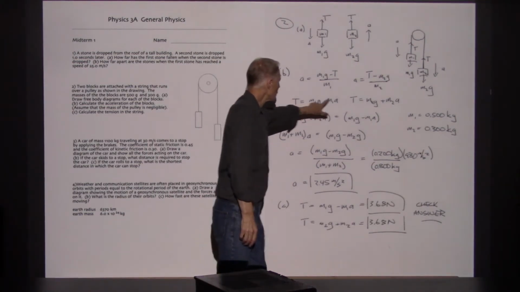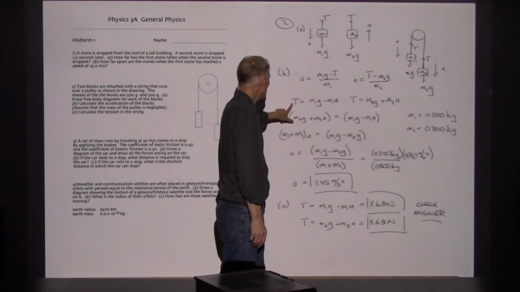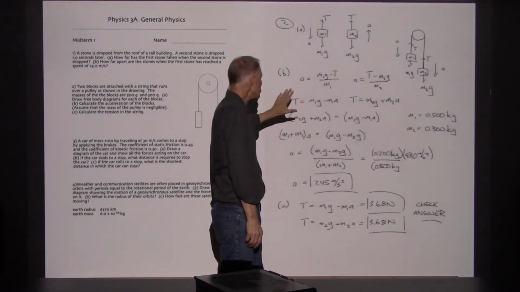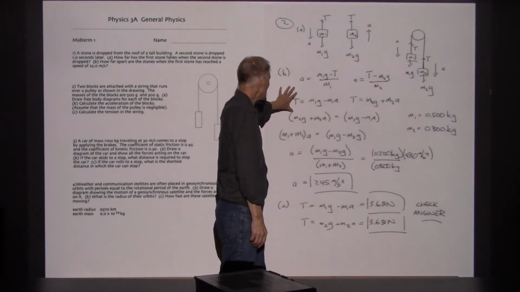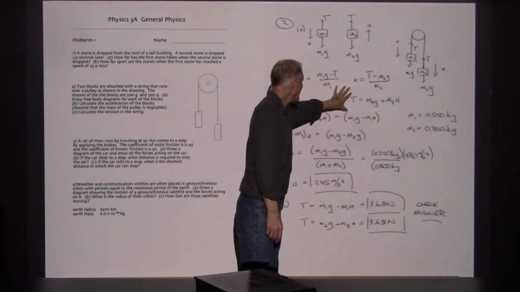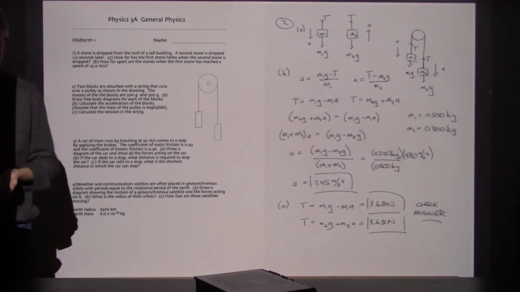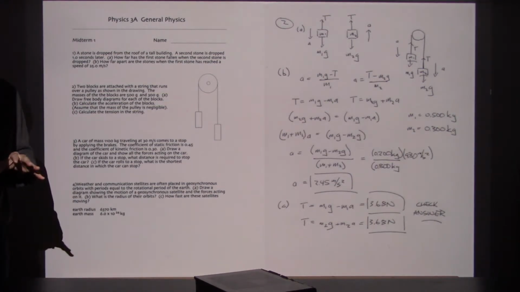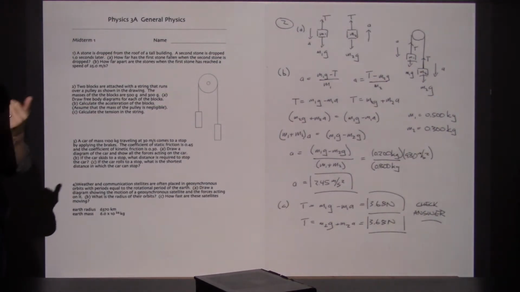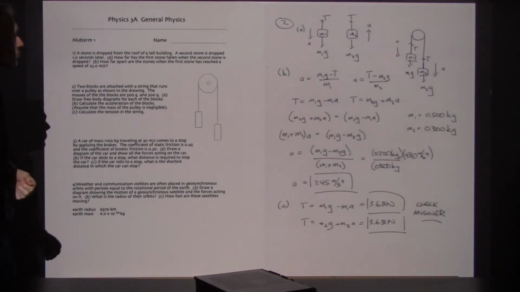Now, I've got two equations right here that have tension. What I could do is solve using this equation, solve using this equation, and then check my answers. If I've done everything correctly, those two T values will match. I like that approach. I like being able to double check my results.